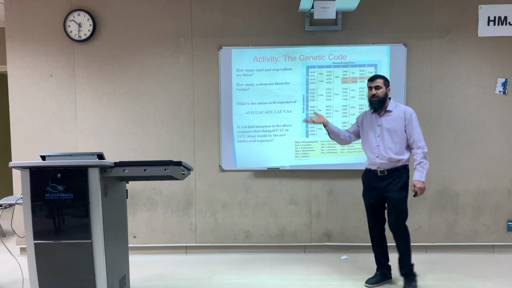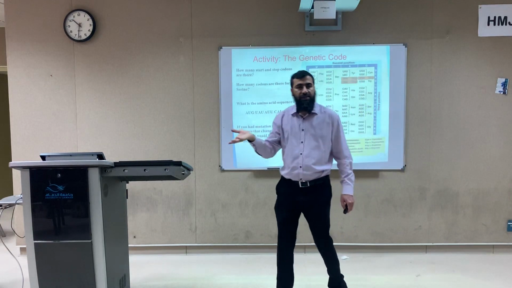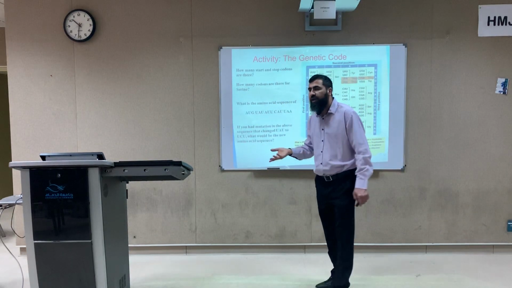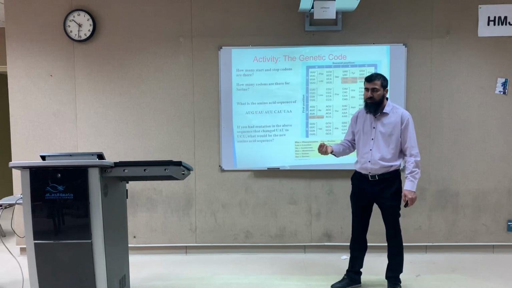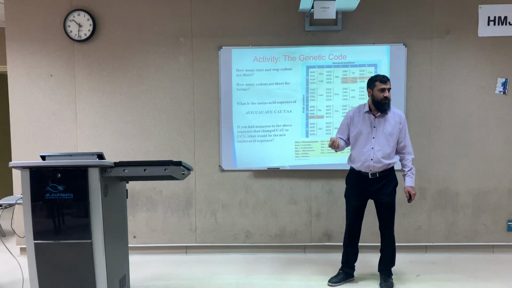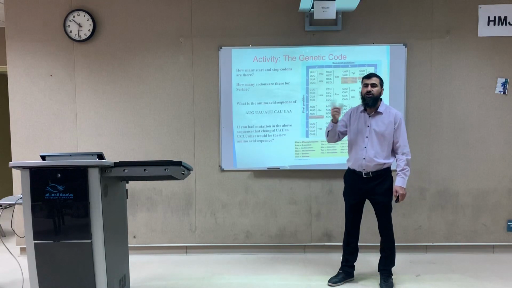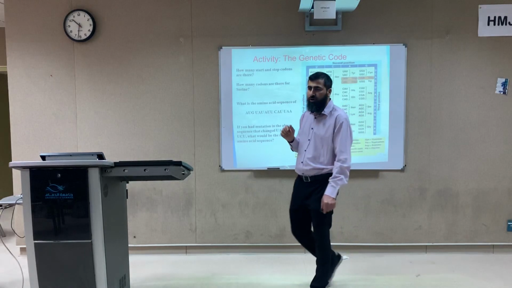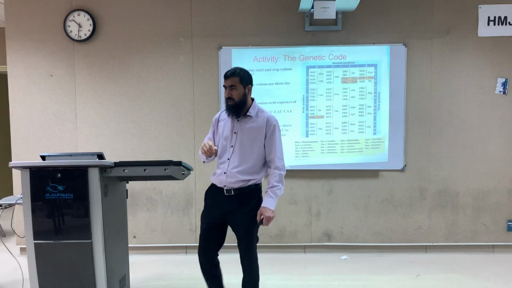You have to convert the sequence. So if I gave you the tRNA sequence, the anticodon sequence, AUG, you convert that. What's AUG converted to codon? The complementary base pair.